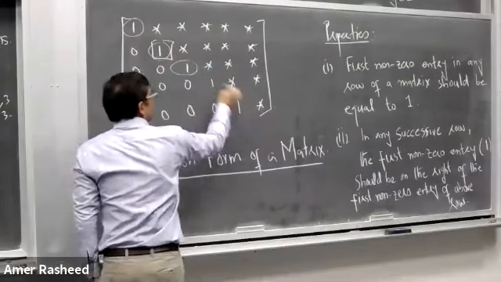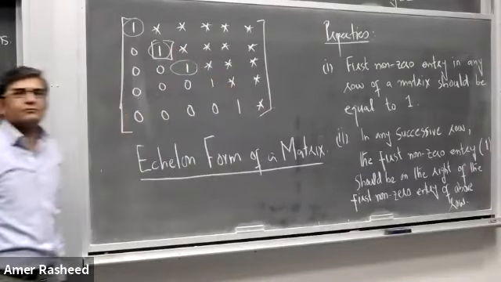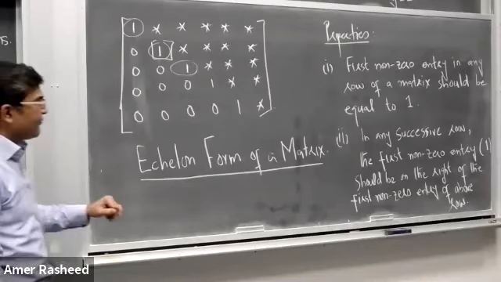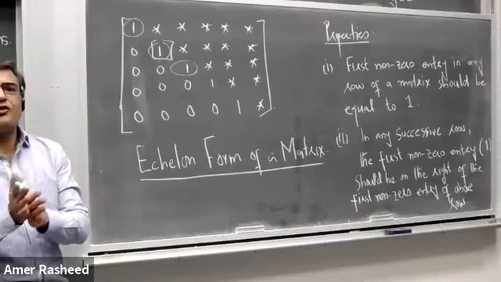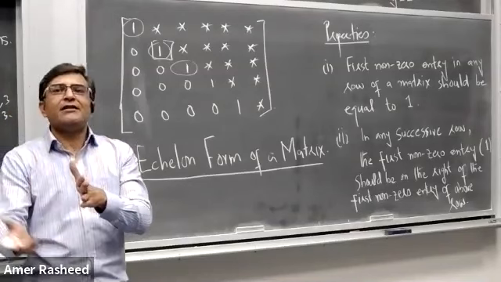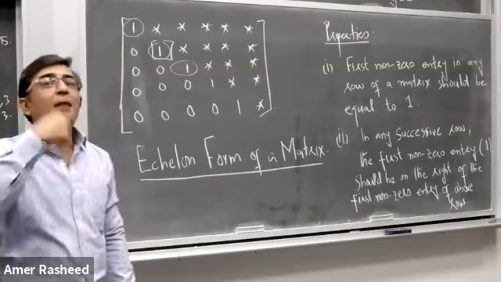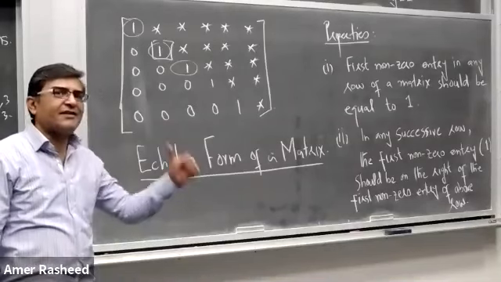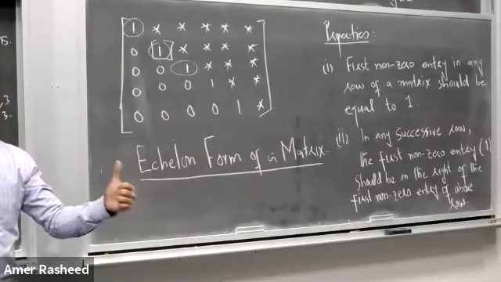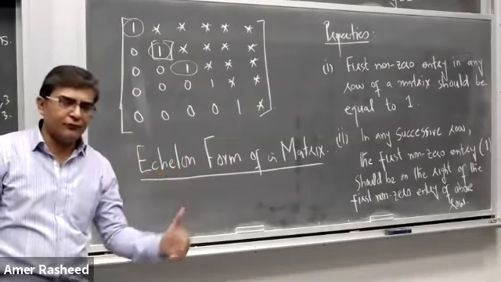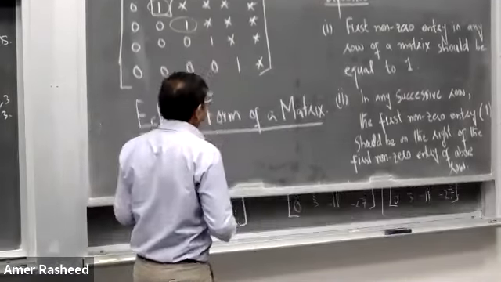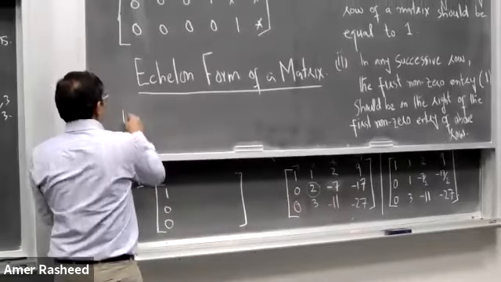This is again, and so on. In each successive row, the first non-zero entry should be on the right of the first non-zero entry of the above row. Okay? This is the second property of the echelon form. The third property is, let me write it here.